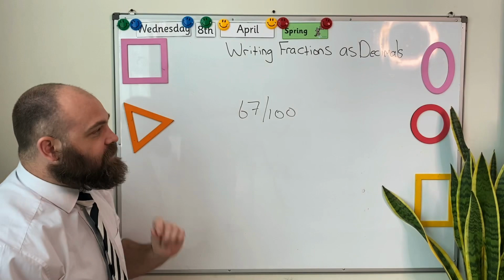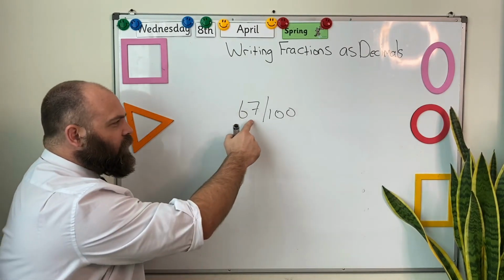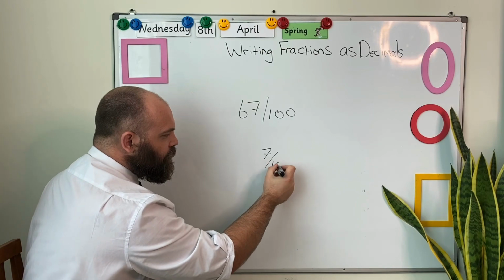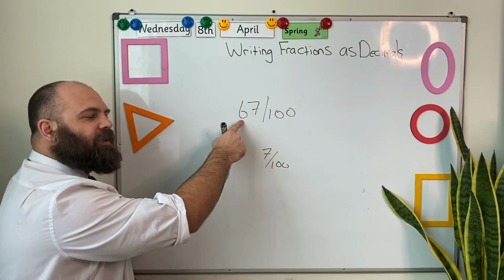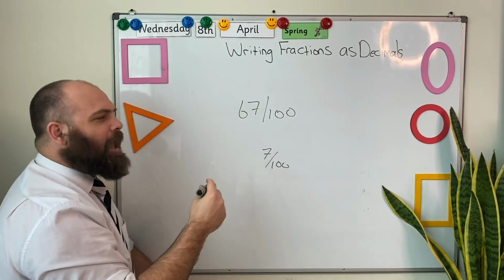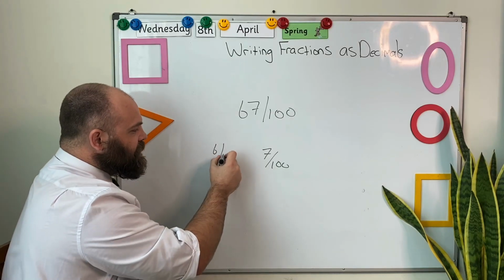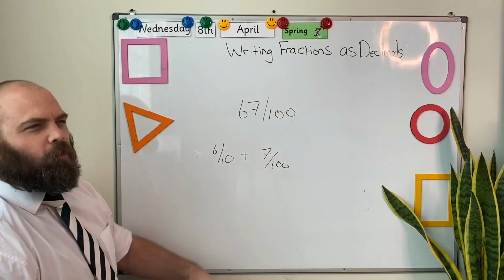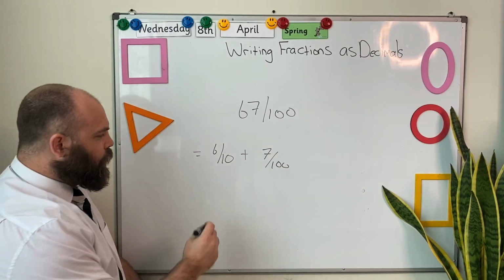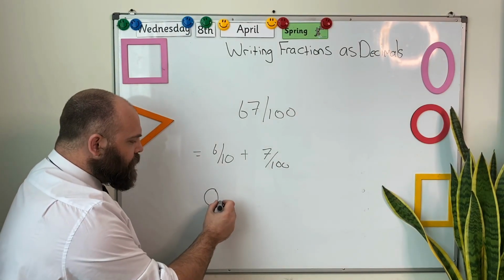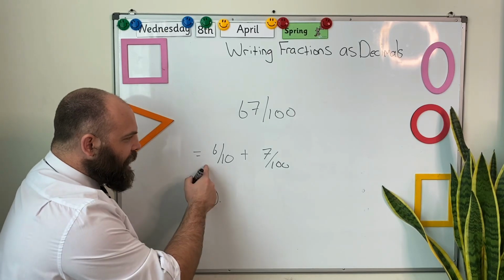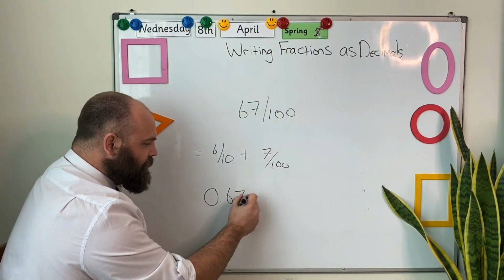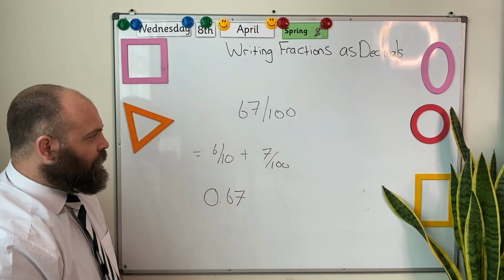If I had this, I would say to myself, well, I've got 7 hundredths, and this 60 hundredths is the same as 6 tenths. And now that it's in this form, I can quite easily say, hey, well, in decimal form, I would have 0 units, I would have 6 tenths, and 7 hundredths. Okay?